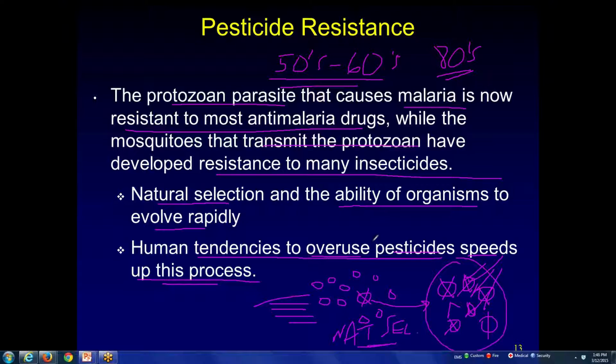And so when we use a lot of antibiotic soaps, and when we use a lot of antibiotics or even pesticides, we will see more natural selection and more resistant strains show up. That's why it's very important, if you get an antibiotic, guys, to use the antibiotic and use it completely. Don't just wait until your symptoms go away. Use it thoroughly so you wipe out the population entirely.